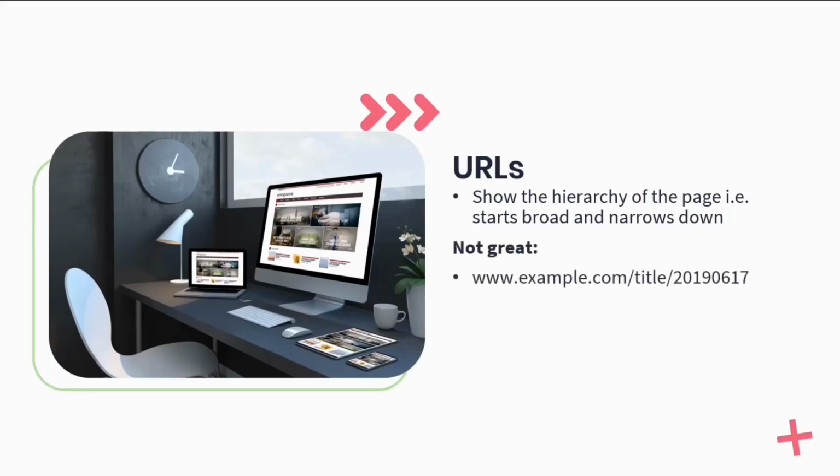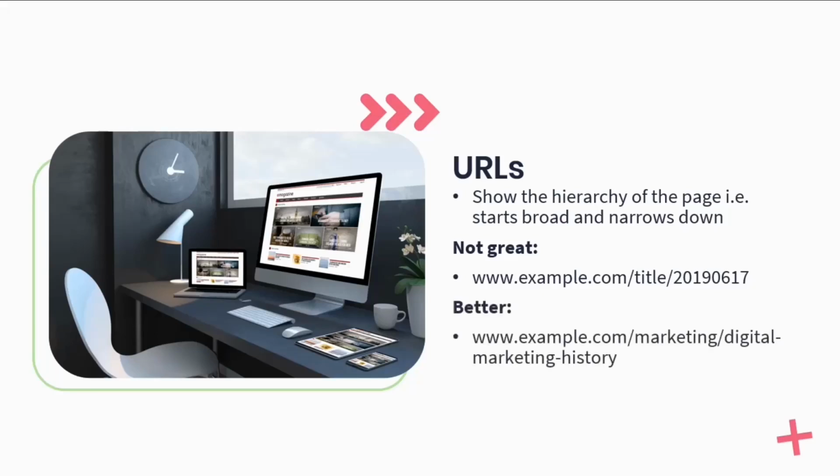So this is a not great example. You have no idea what's going on here, what the page is about. It says title, it's got a random number on it. Who knows what's going on? This is a better example, because we know that now this page is about marketing, but specifically it's about digital marketing history. And digital marketing history would be the main keyword when it comes to that URL.